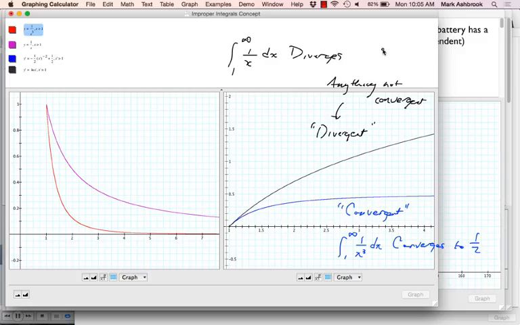Okay, so where's the breaking point, right? So we can think of all kinds of rate functions in between. So where's the breaking point? What is fast enough in this 1 over x to the t situation? What is fast enough for it to converge? What's the breaking point? If you went a little bit slower than that, it would diverge. So we can do the math and find out.